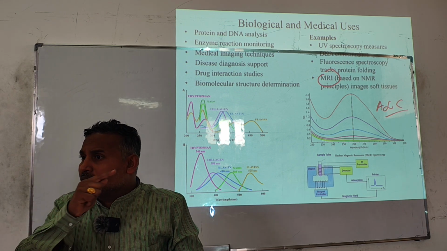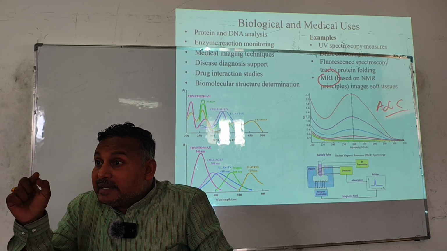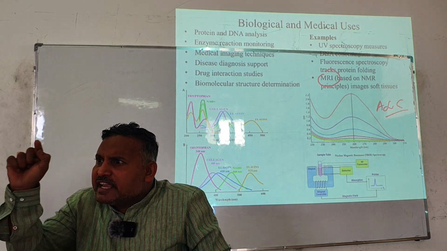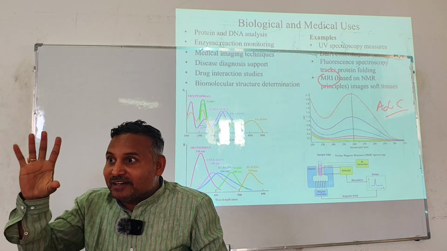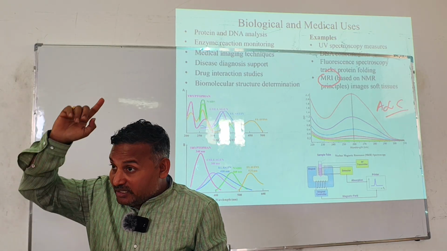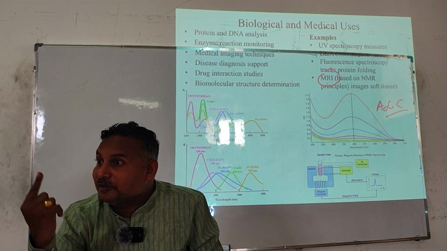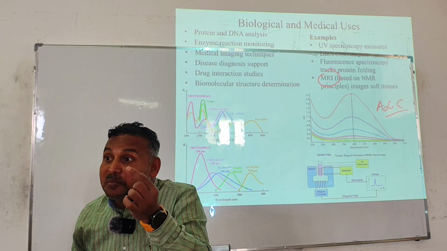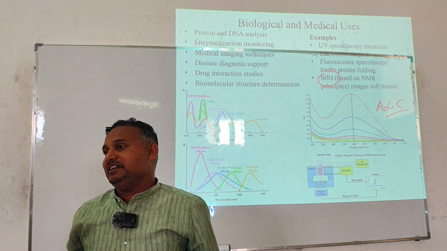Because of fluorescence and phosphorescence spectroscopy, they can identify even a single molecule present in blood. Single molecule, not molar. If you say 1 molar, that means 6.023 times 10 power 23 molecules. But I am talking about a single molecule. A single drug molecule present in the blood sample can also be identified.